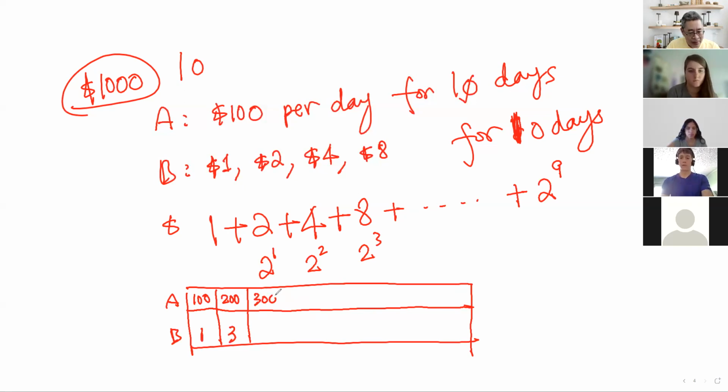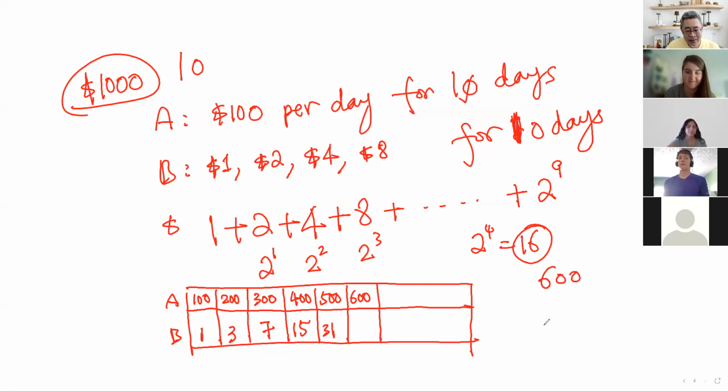Then 300 for A, and for B you got 7, right? And 400 for A, and for B you add 8, 15. And 500 for A, and for B that will be 2 to the 4th, 16, 16 add 15, 31. Now, okay, do you want to change your mind so far?